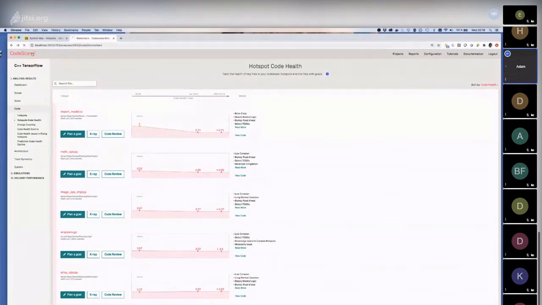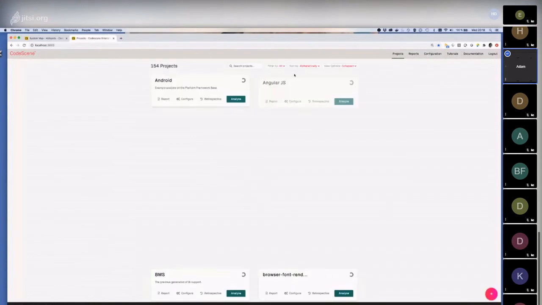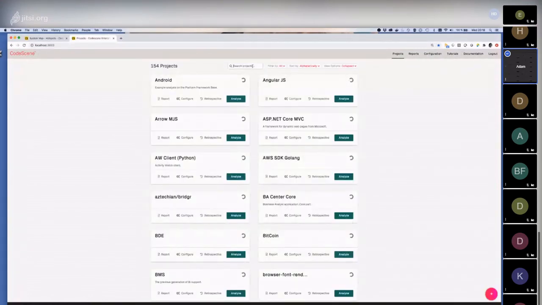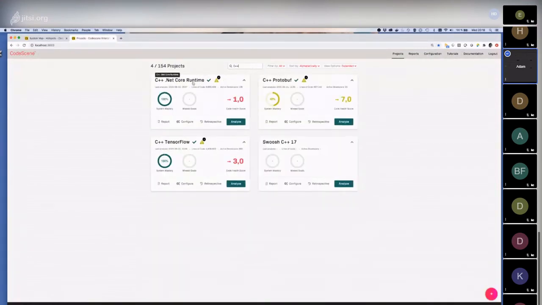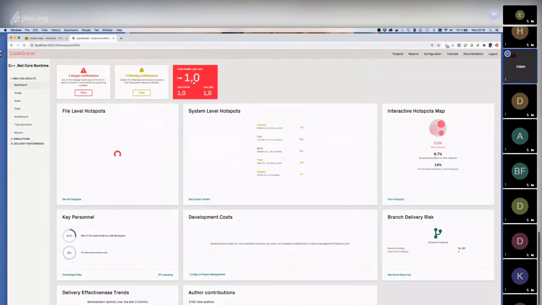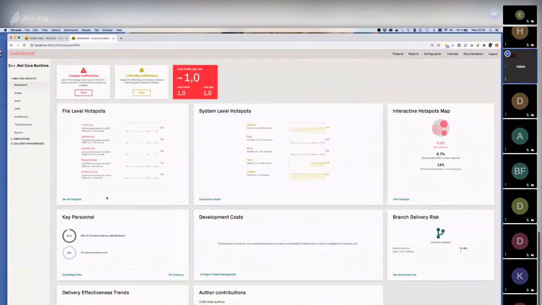For completeness, maybe we should take a quick look at the code health score of the .NET Core Runtime. I really don't want to bash the code here because I'm very impressed by it. It's clearly a piece of technology that works excellently, and it works for millions of users every single day. I have a lot of respect for that kind of code.